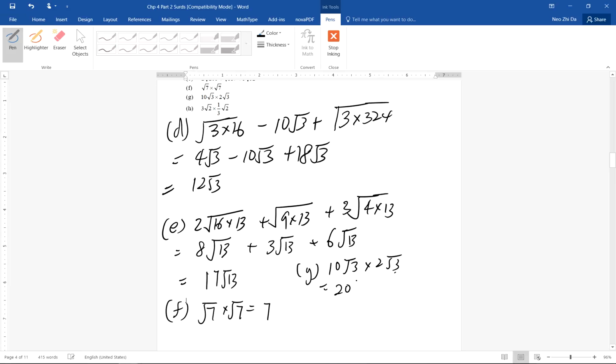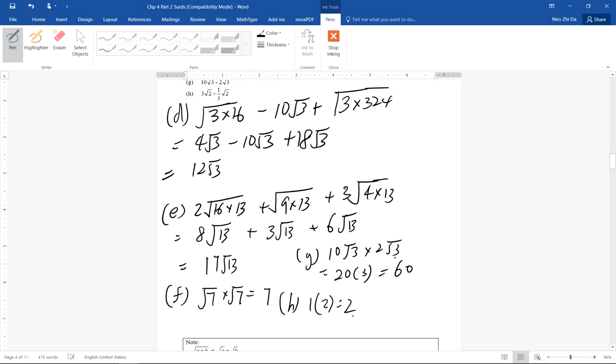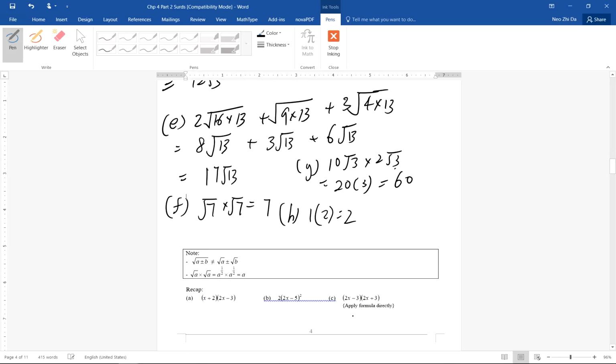Square root 3 times square root 3, answer is 3. Total answer 60. H. Now, 3 times 1/3, answer is 1. Square root 2 times square root 2, answer is 2. So, final answer 2. Okay, now you can check the answer, you can scroll down.